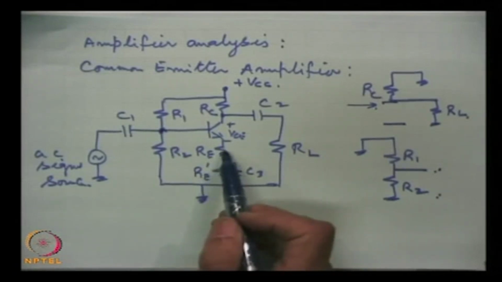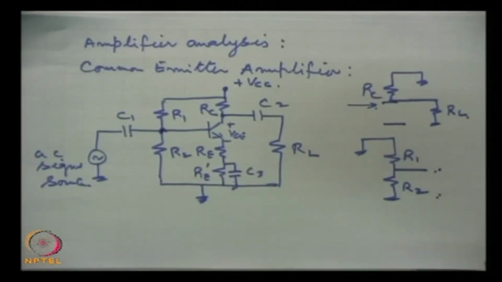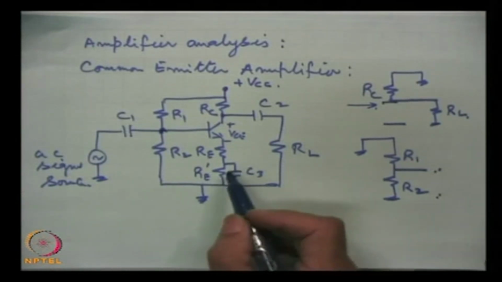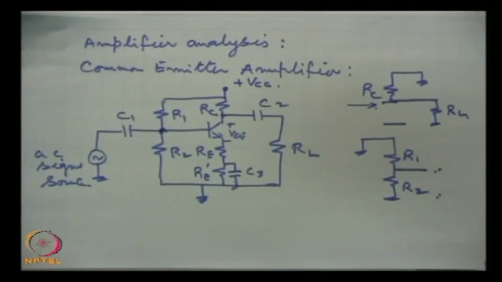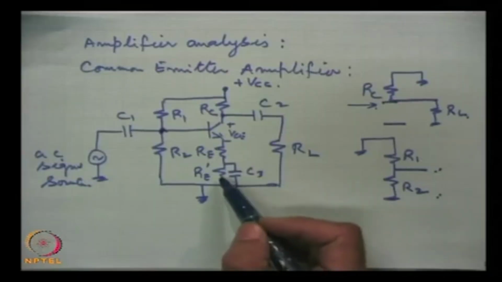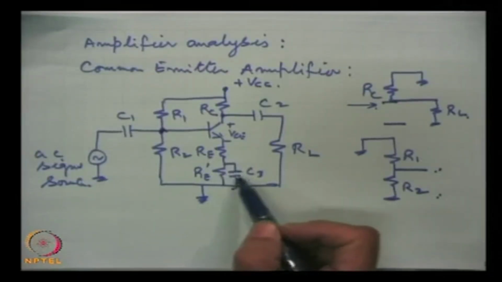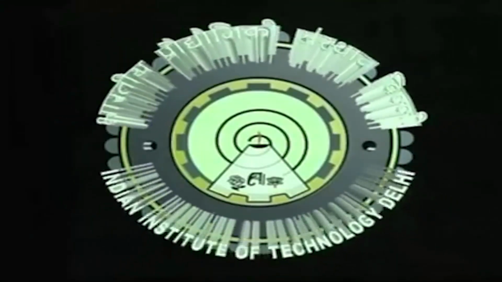This will be a smaller resistance than the other, so the gain will not be as low as in the case of not bypassed, and it will not be unstable because of the effect of dynamic resistance. So, as a compromise, we break the resistance Re into two resistances, a small resistance and a little higher resistance, and the higher one is bypassed. So, we will continue this analysis further.